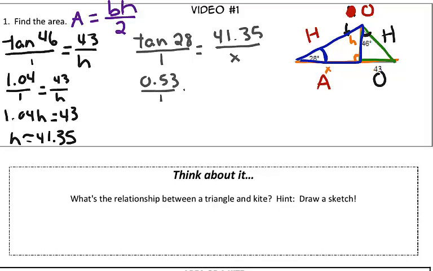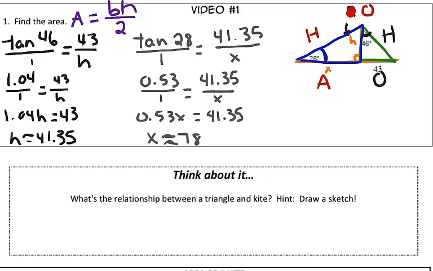So 0.53 over 1 equals 41.35 over x. To solve this, we cross multiply. So 0.53x is equal to 41.35. To get x by itself, we use inverse operations. We're going to divide both sides by 0.53. So 41.35 divided by 0.53 is approximately 78.02.